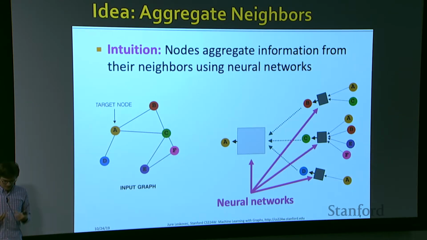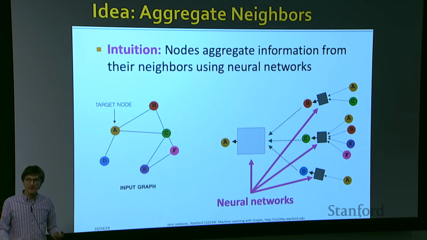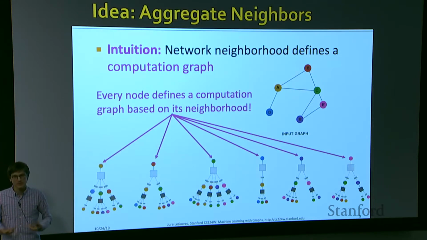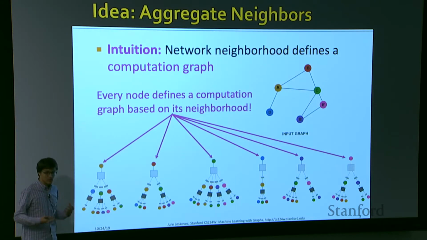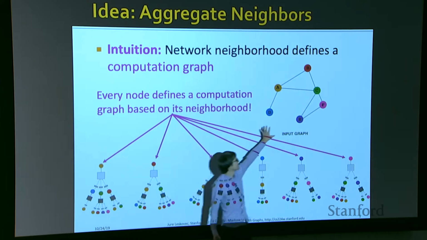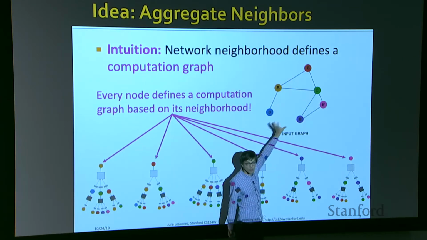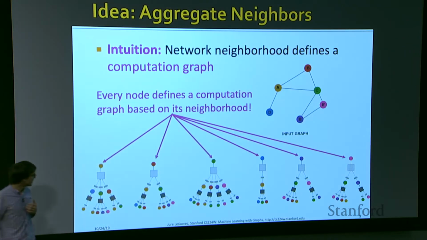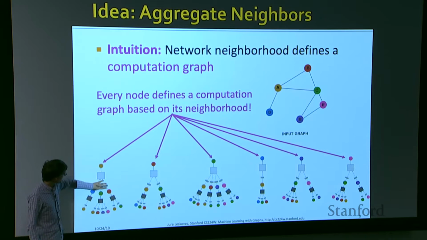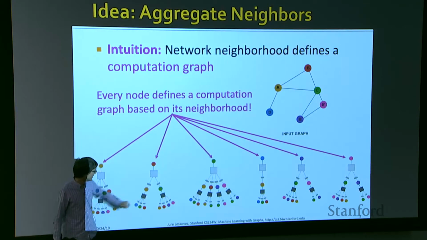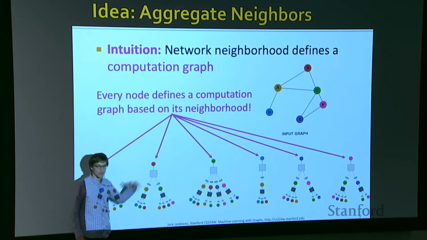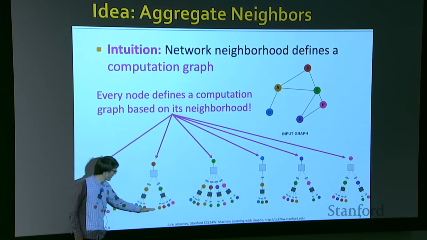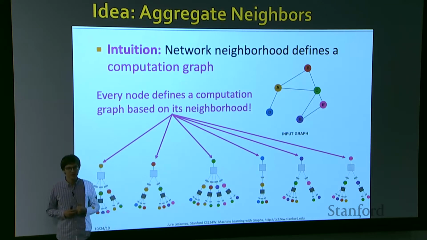And then what was a new concept that is fundamentally different than how we usually think of neural networks is that every node in this case has a different neural network structure, because the structure of the neural network itself depends on the structure of the network around the given node. And there is beautiful theory that tells you how to design these aggregation operators so that this neural network, when you pass information through, remembers both the properties of the nodes, their features, but also the structure of the network itself.